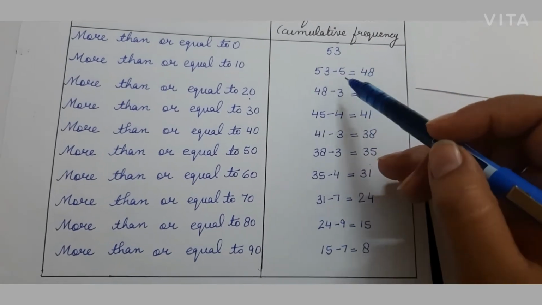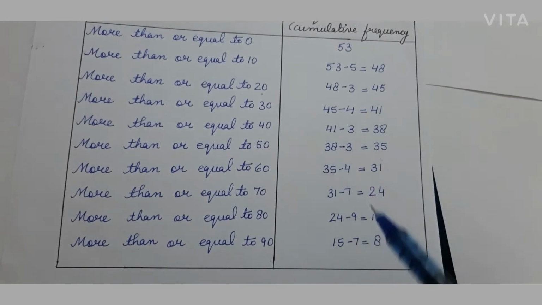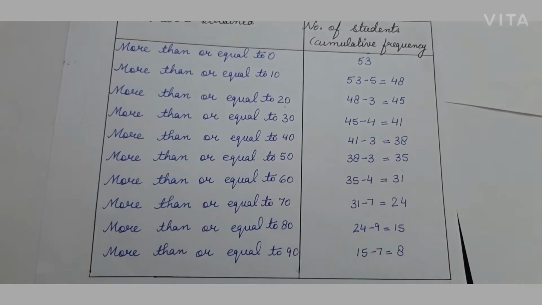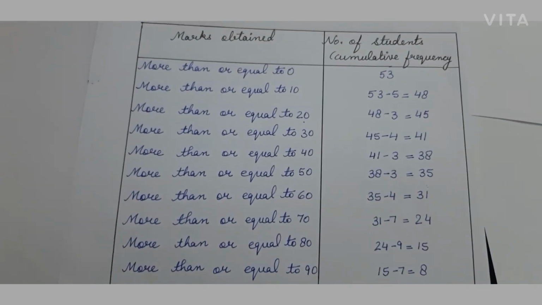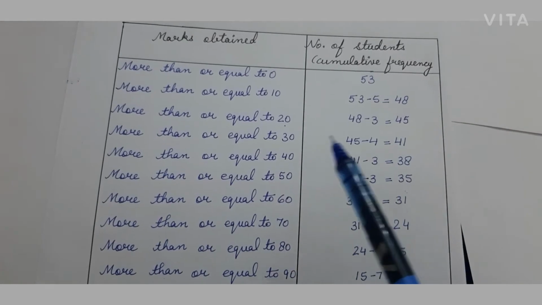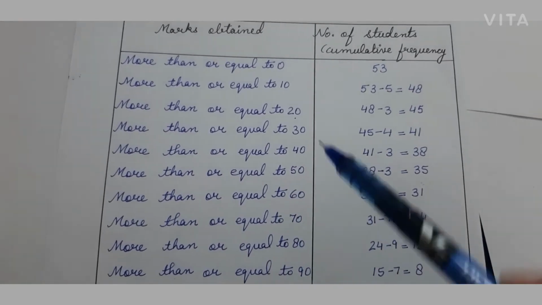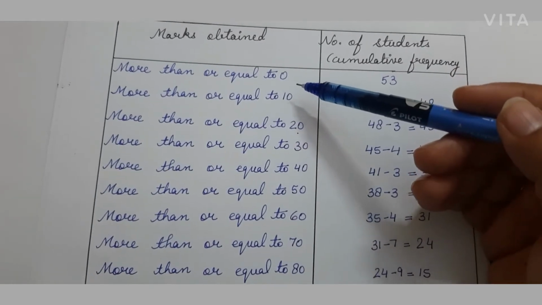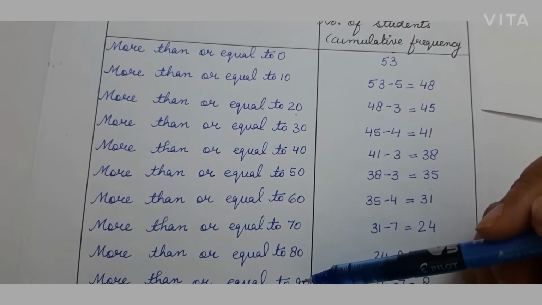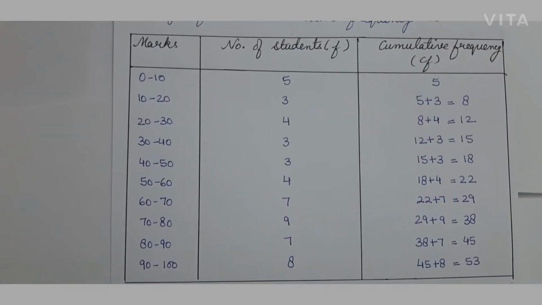Just subtracting the cumulative frequencies respectively, we will get this cumulative frequency for the more than type. So the table above is the cumulative frequency distribution for the more than type, and the values 0, 10, 20 up to 90 give the lower limits of the respective class intervals.